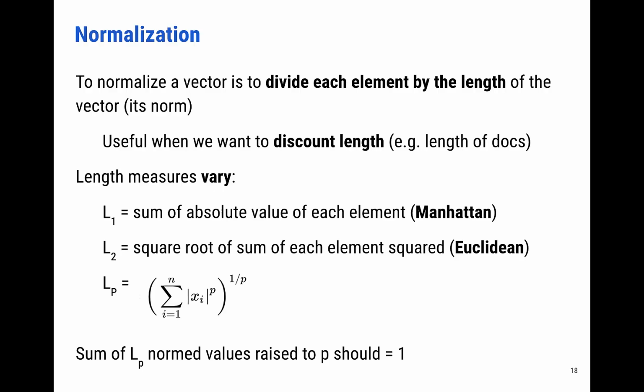And just as we saw a generalization of distance, here we see a generalization of norms, and it's pretty straightforward. Again, P can be very large, and P can even be fractional. So if you use a norm other than, say, L1, you can determine whether you've done it properly by taking all of the normed values and raising them to the power that you normed them by, and that should equal 1.